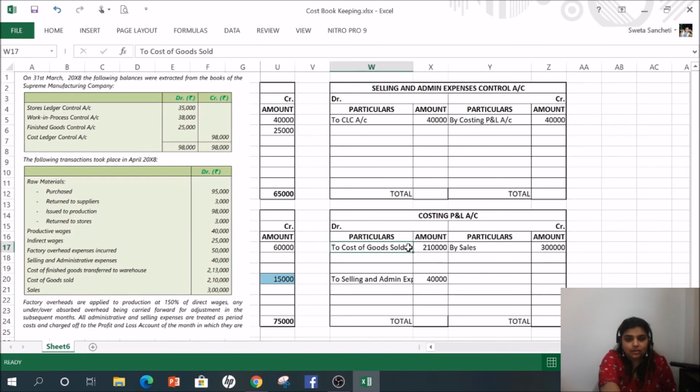P&L account. Now P&L account, cost of goods sold is there, sales is there. What do I get? I get my gross profit. So to gross profit, that is equal to the balancing figure 3 lakh minus 2 lakh 10, that is 90,000.